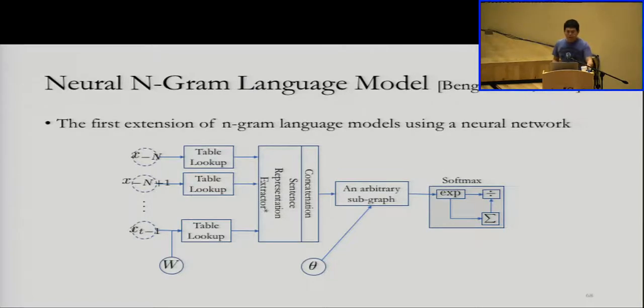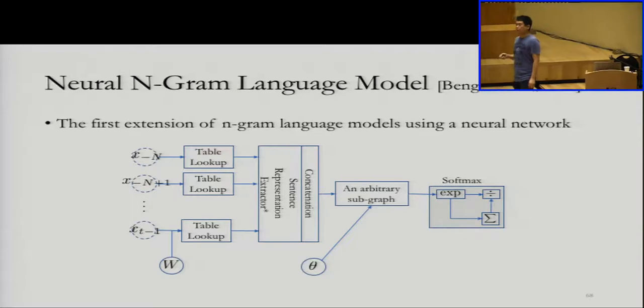In 1999 or 2001, Yoshua Bengio and his collaborators in Montreal, and it's still in Montreal actually, realized that we can tackle the first problem and the second problem simultaneously if we replace the table-based, counting operators with neural networks. This is the thing that we already saw, right?